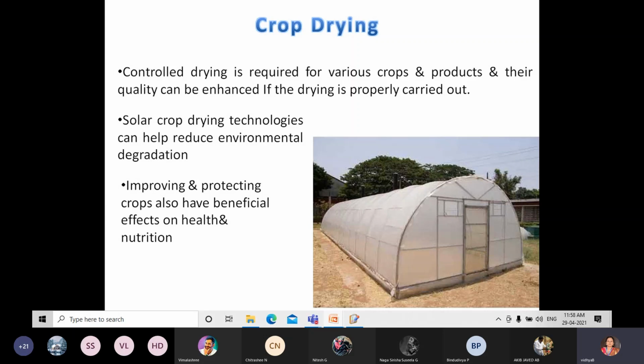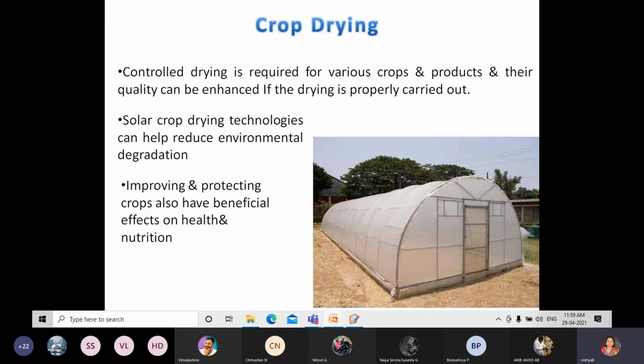Okay, next are solar crop drying technologies. They will help to reduce the environmental degradation. How will they help with the environmental degradation? Solar crop drying technologies will help reduce the environmental degradation caused by the use of fuel wood or fossil fuels for crop drying.